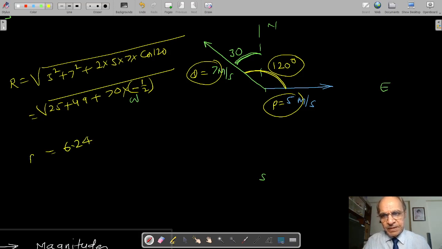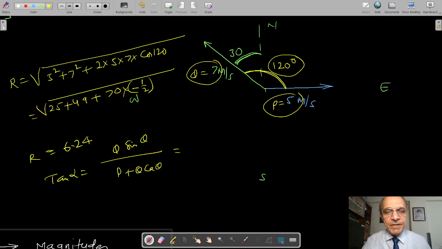This would be the resultant. Okay, what would be the angle? We know tan alpha is equal to Q sine theta over P plus Q cos theta. P is 5. Sine 120 divided by P, which is 5, plus Q, 7, cos 120.